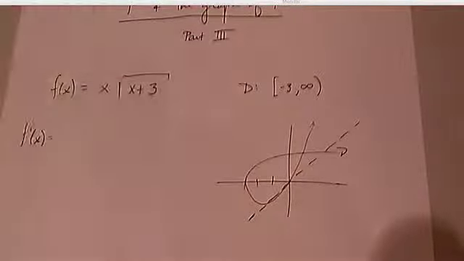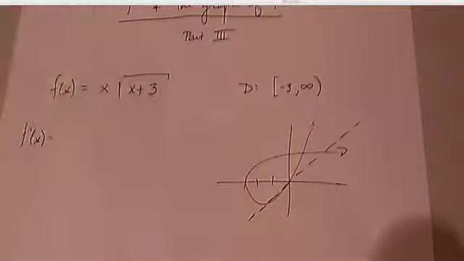Well, I know that I'm probably going to need to get a common denominator, so let's multiply that by that denominator over itself. And we're left with x plus 2x plus 6 over 2 root x plus 3, or 3x plus 6 over 2 root x plus 3. That is my first derivative. Kind of a little bit hairy, but there you go.